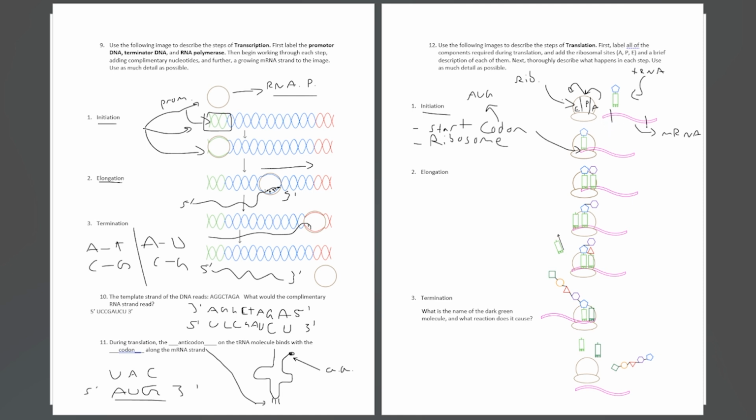Doesn't matter, that's too much detail for this class. So right at the start, we have AUG. AUG, of course, is a codon, right? So for our first codon, we actually bind here at the P site. It's an important detail, right? Binding at the P site.